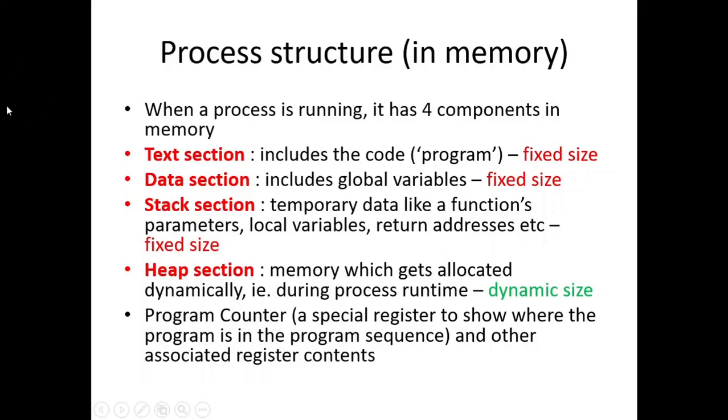Once this instruction is running, program counter will immediately point to the next instruction. So this program counter is a register which will have the details of which instruction needs to be executed next. And apart from program counter, every process will have a set of associated registers also.